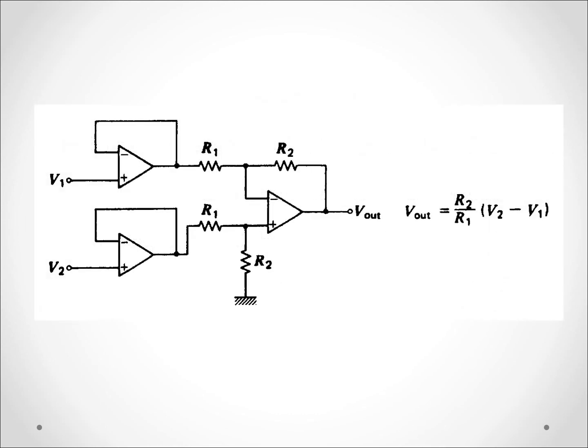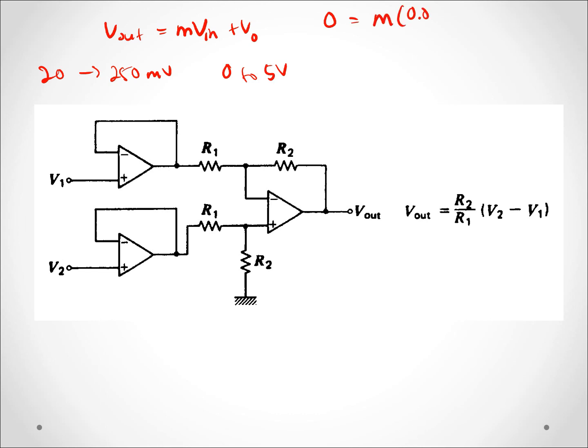We know that we want to convert the range from 20 to 250 millivolt to become 0 to 5 volt. From this information, we can produce two equations. 0 volt is equal to M times 0.02 plus V naught, and 5 is equal to M times 0.25 plus V naught.